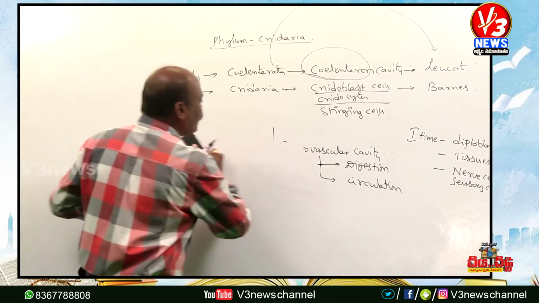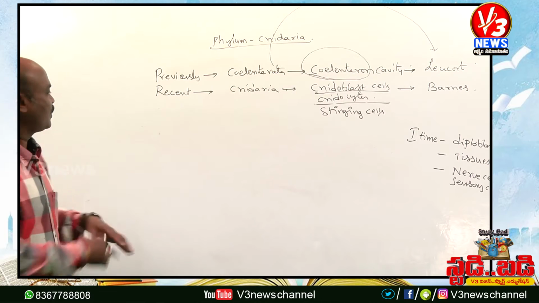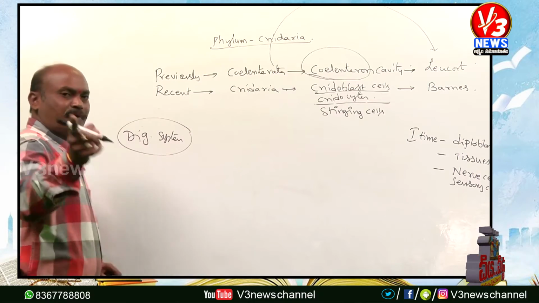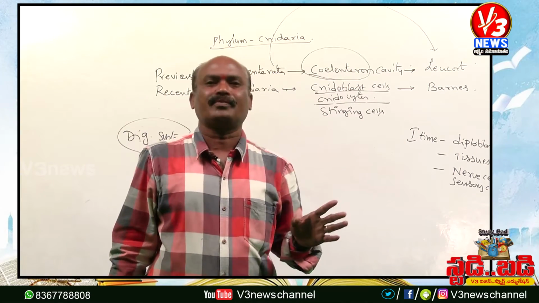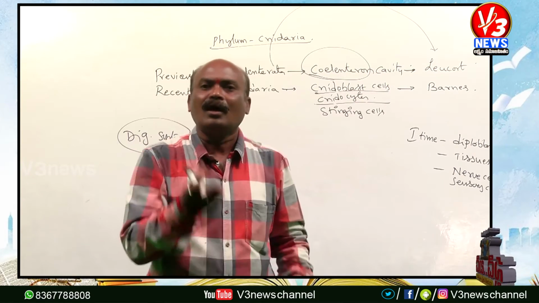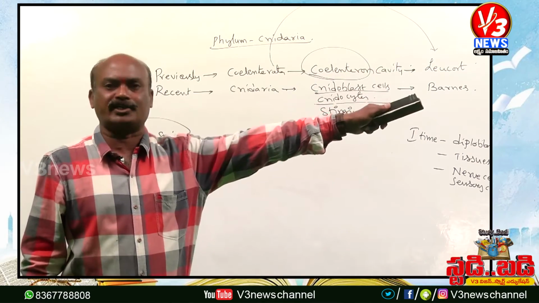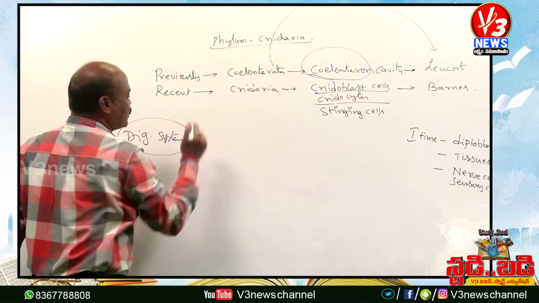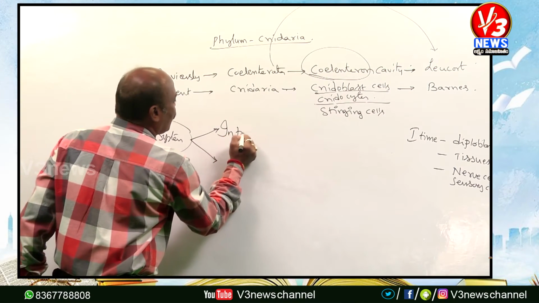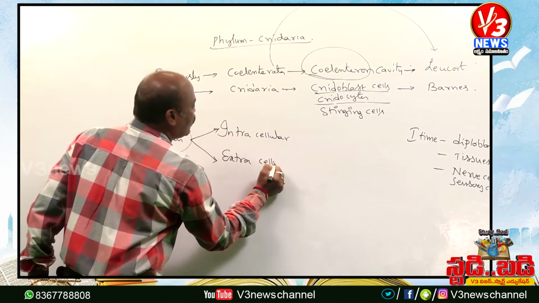Here one very important point regarding the digestive system. Yesterday in sponges we discussed only intracellular digestion. The digestion takes place inside the cell, that is in choanocytes. Here in Cnidarians, there are two types of digestion, intracellular digestion and extracellular digestion.